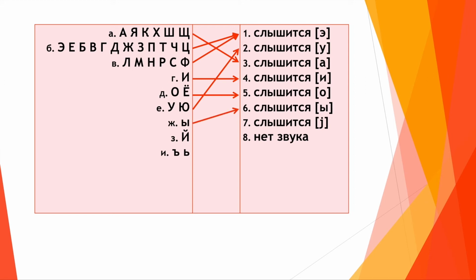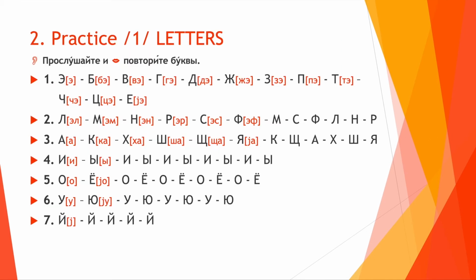The next one is Y, Y, Y. And the last line, as you already know, doesn't have any sound. So this is just a simple exercise to help you systematize the letters of the alphabet. Okay, so let's try to practice the letters.